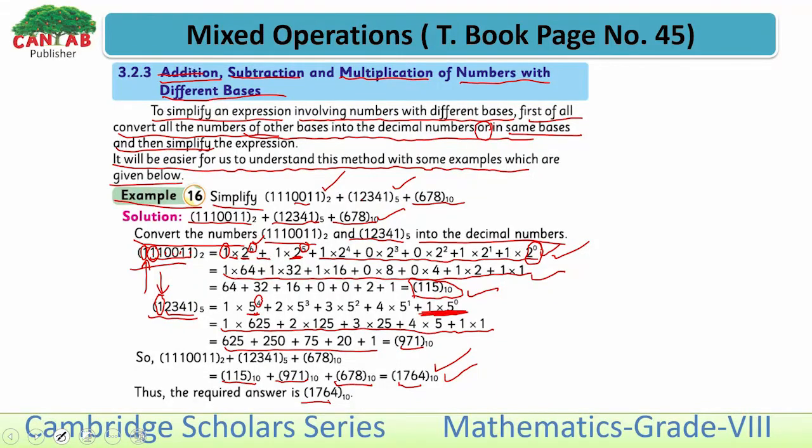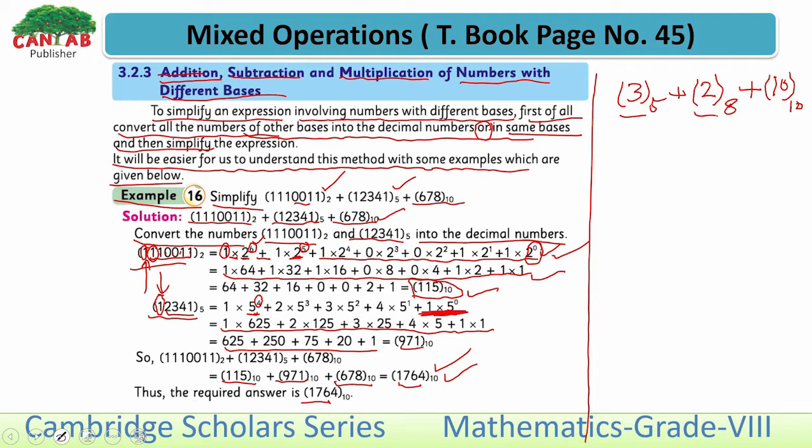Look, if I have a number 3 with base 5, plus 2 with base 8, plus 10 with base 10, what do we have to do?